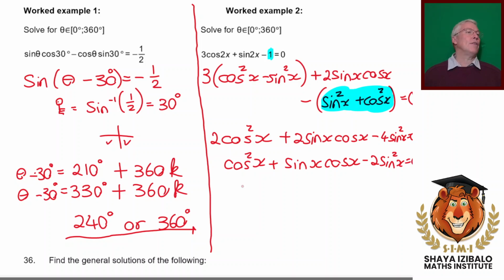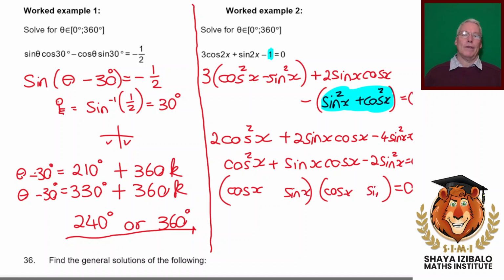And this can factorize into 2 brackets like this. We can put a cos x and a cos x. They will multiply together to give us cos squared x's. And then at the back, we're going to put some sine x's. And those will multiply together to give us sine squared x's. And the products of the sines and coses will give us that.